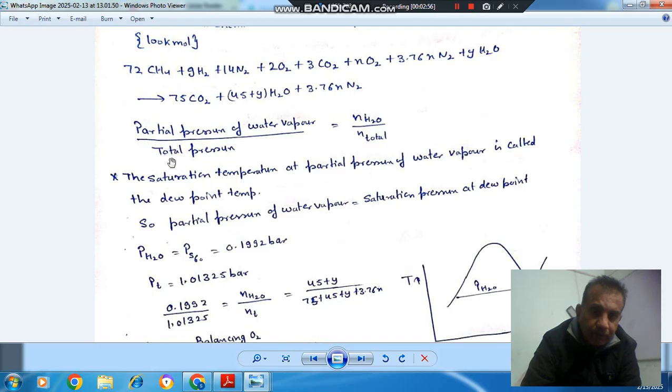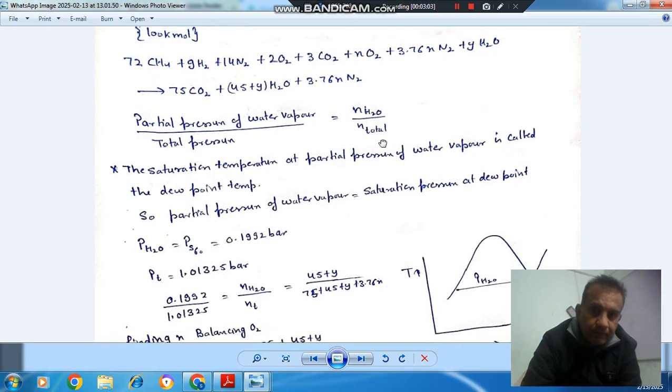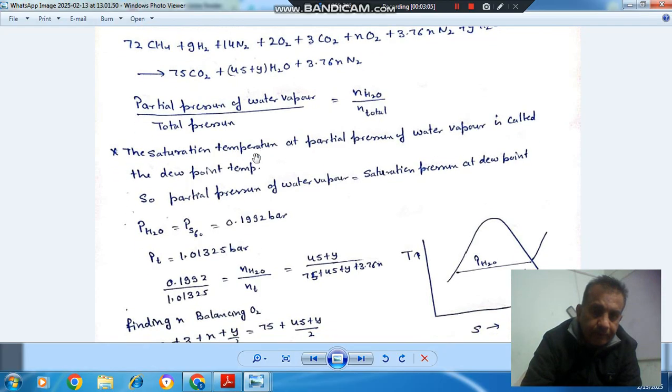The partial pressure of water vapor divided by total pressure will be the number of moles of H2O divided by total number of moles. We need to find the partial pressure of water vapor in air, and at dew point temperature the saturation pressure is given.